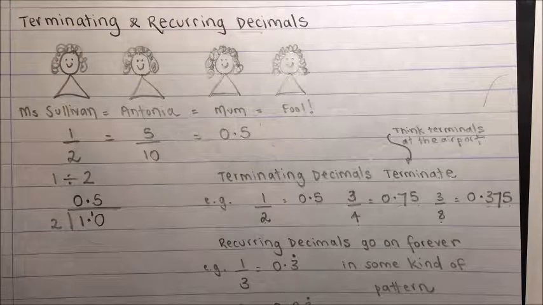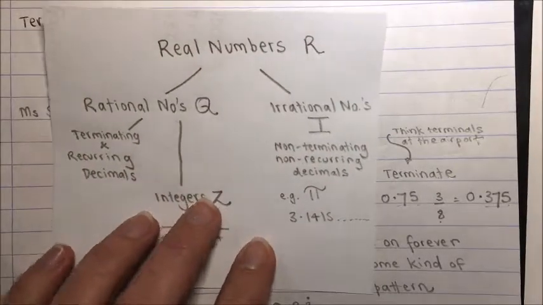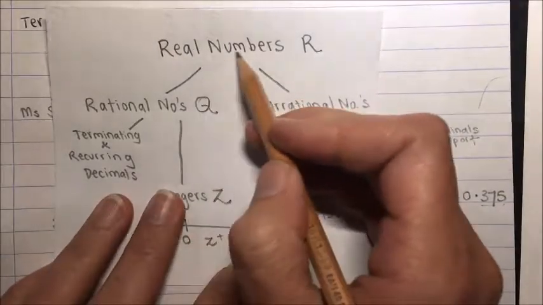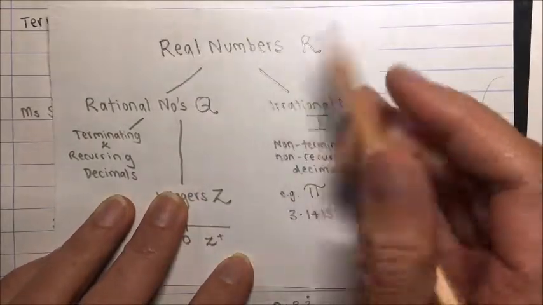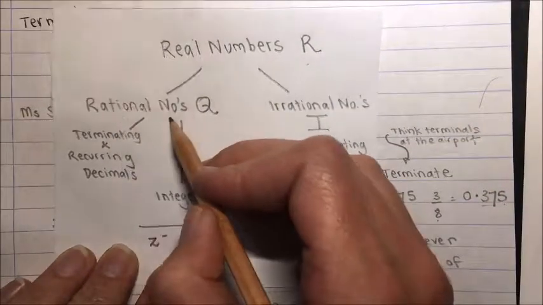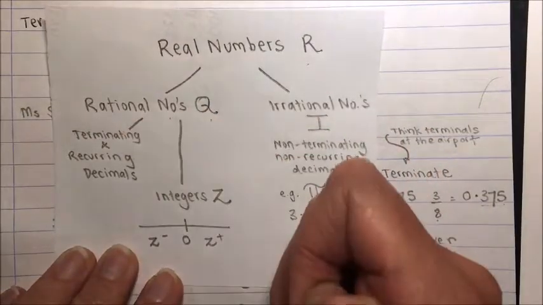So, really important to know what terminating and recurring decimals are because it makes them easier to use. But it's also important to understand these things because not only do we have the funky decimal system, but our number system is also based on categorizing numbers, not just as they're represented by the base 10 system. So all real numbers, the set of real numbers, are represented with the letter R. And most of them are rational numbers, which are represented with the set Q. So Q stands for all of your rational numbers.